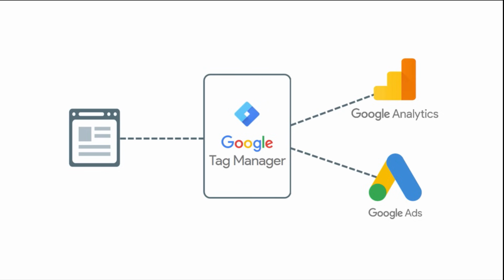So in the older days, you needed to ask a developer to add those tracking codes. From now on, in many cases, you will be able to do that by yourself, and you will be able to add event codes, page view codes, and other tracking codes of, let's say, Google Analytics or other tools in Google Tag Manager interface, and GTM will take care of when those codes will be activated on a site.